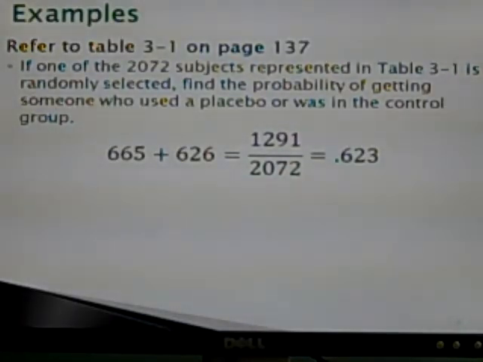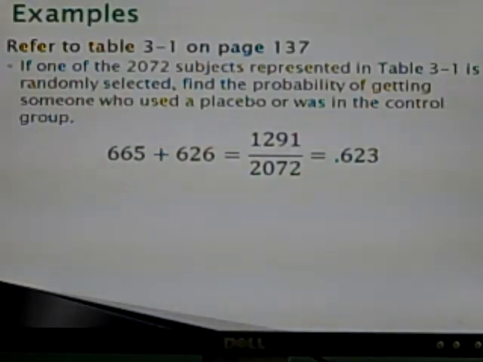626 people in the control group, and what I did was I added 665 and 626 together to get 1,291 people in both of those groups, and I put it over the total subjects that were in this entire survey. So we had 1,291 over 2,072.